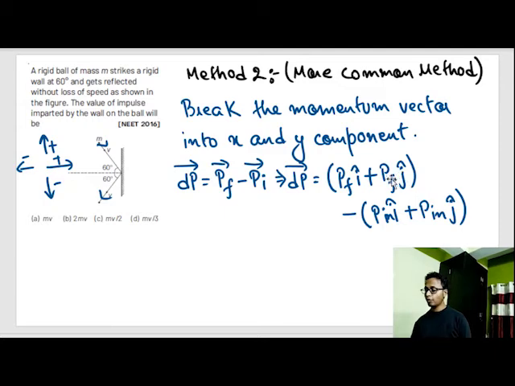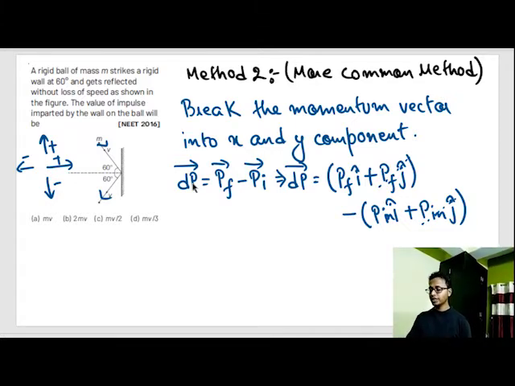The component of final momentum in y-axis is nothing but mv sin 60 in downward direction, and the initial momentum is also mv sin 60 in downward direction. So can I say final momentum in y-axis gets cancelled by initial momentum in y-axis because they are the same.